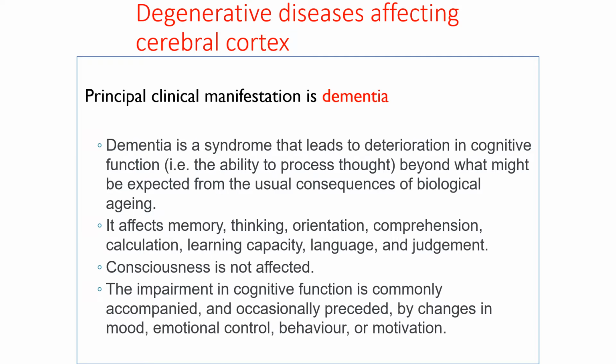It affects memory, thinking, orientation, comprehension, calculation, learning capacity, language, and judgment. However, consciousness is not affected. The impairment in cognitive function is commonly accompanied and occasionally preceded by changes in mood, emotional control, behavior, and motivation.